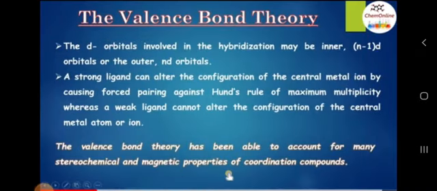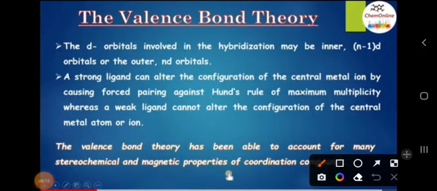Now the next one. The d orbitals involved in hybridization may be inner, outer or nd orbitals. Inner orbitals are nothing but (n-1)d, the penultimate shell.